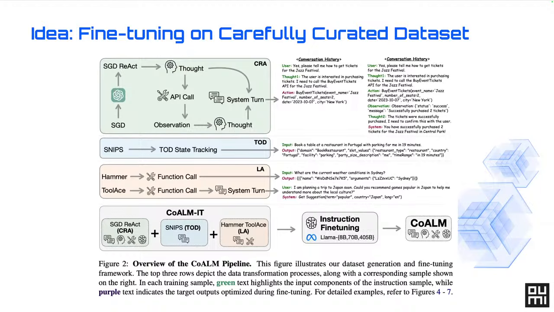If we can curate just the right data set, we hopefully will have a single model that performs well at tool calling plus multi-turn dialogue plus doing both in combination.